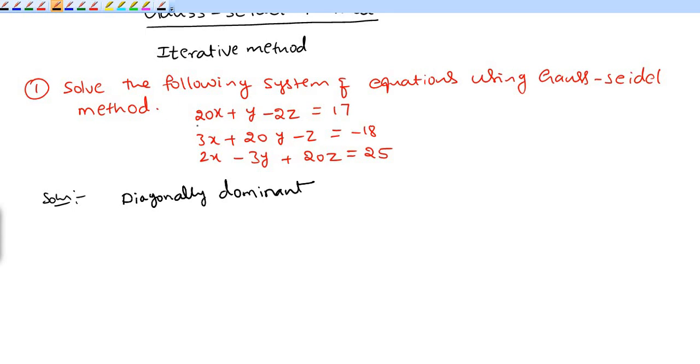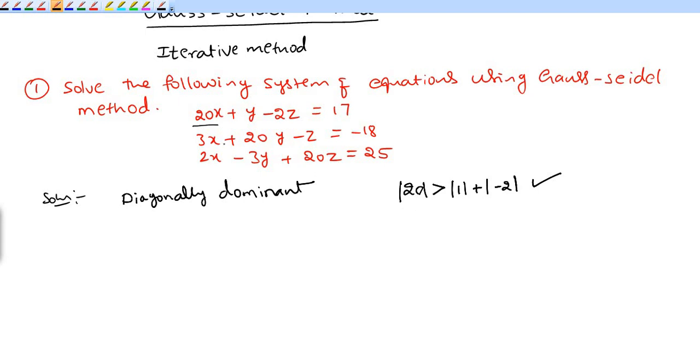Look at the first equation. The first principal diagonal element is 20. 20, the modulus of 20, should be greater than the coefficient of y, which is 1, plus the coefficient of z, which is minus 2. So this 20 is greater than 3. This is diagonally dominant.